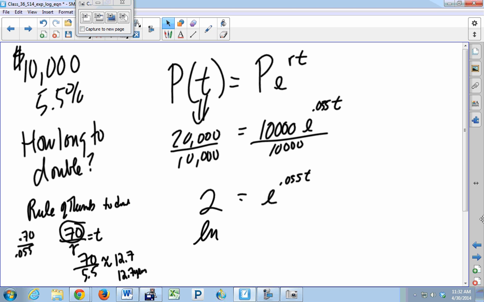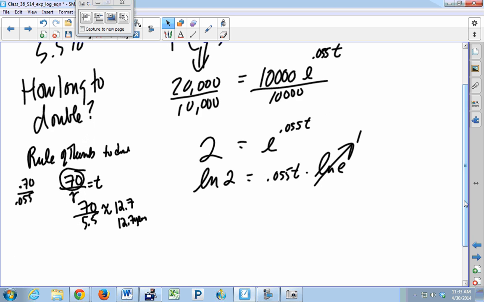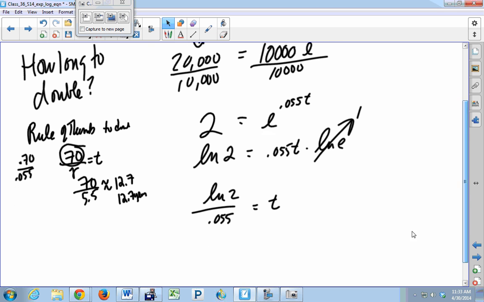Now look, I take the natural log of both sides. I get 0.055t times the natural log of e, which is just 1. I divide both sides by 0.055, which is t. So Gina's question was appropriate. What is the natural log of 2?